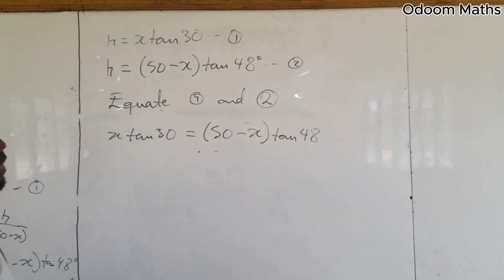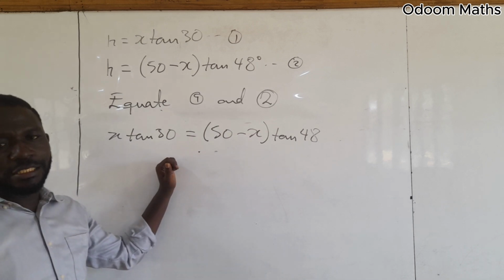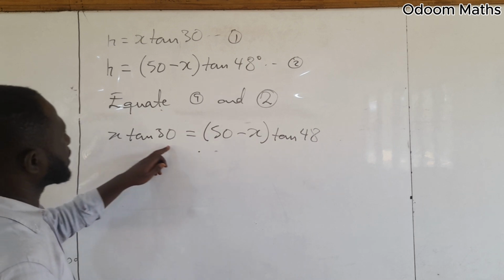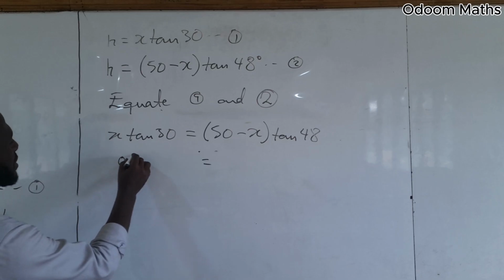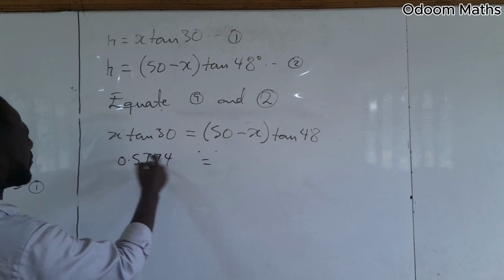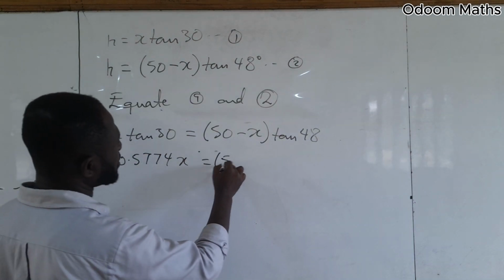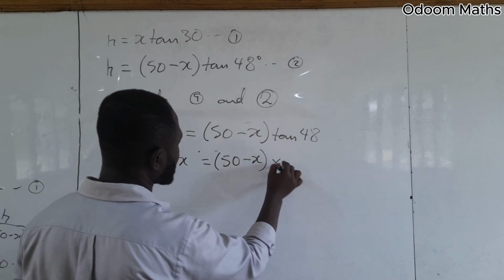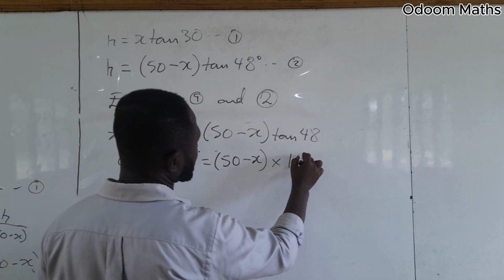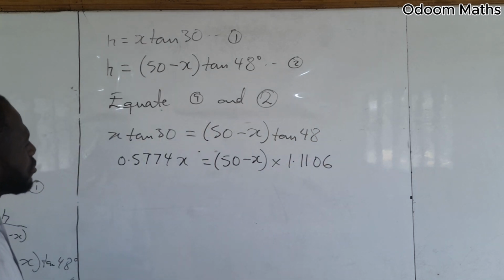Now we want X. So what are we going to do to get X? Tan 30 is 0.5774, times X, and tan 48 is 1.1106.